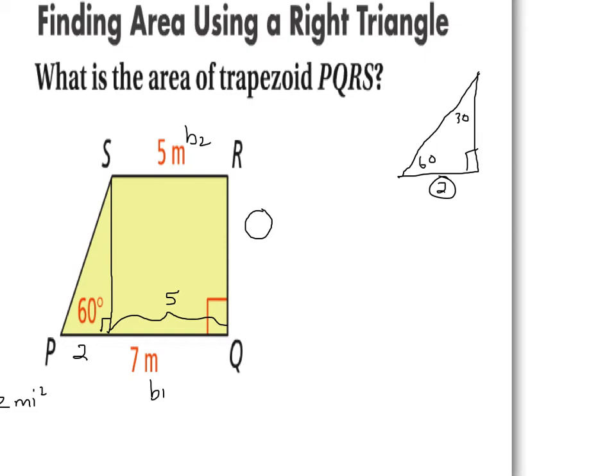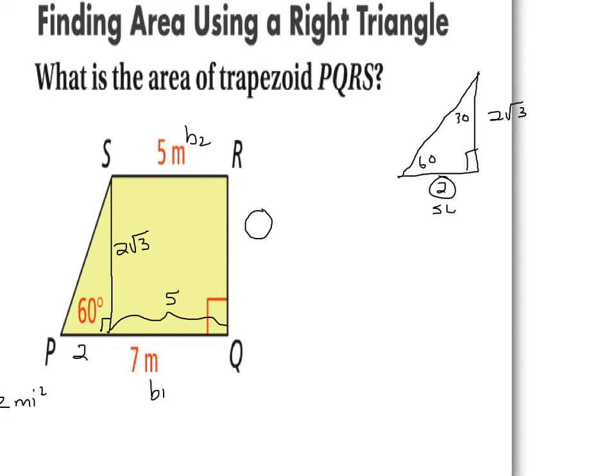It's going to jog the memory a little bit of a 30, 60, 90 triangle. You have the short leg, the long leg, and the hypotenuse. In this case, this is the short leg. The long leg is the short leg times the square root of 3. So the height here is 2 square root 3. That's the part we need to know.